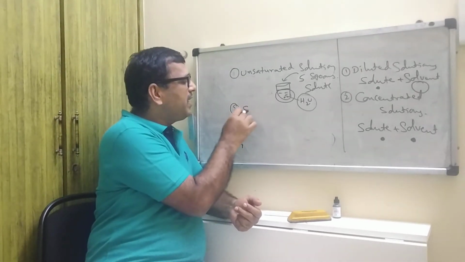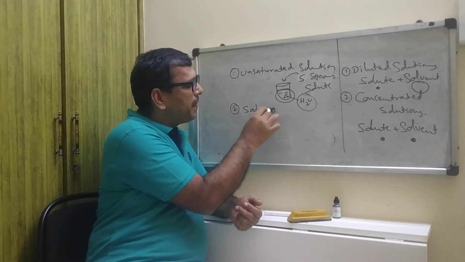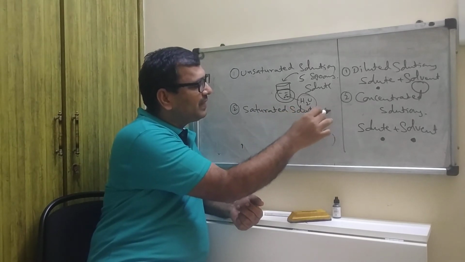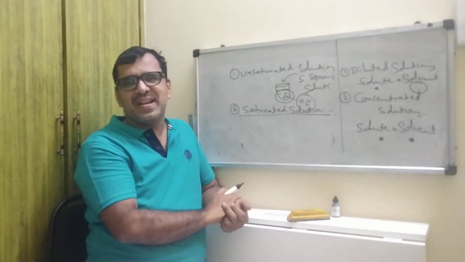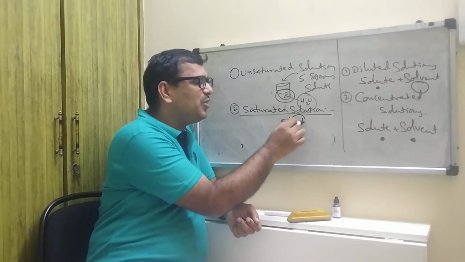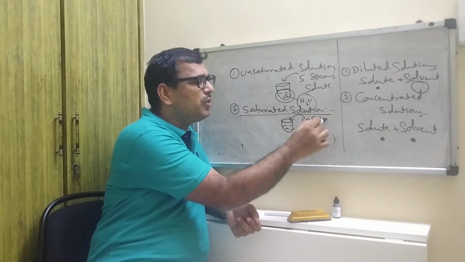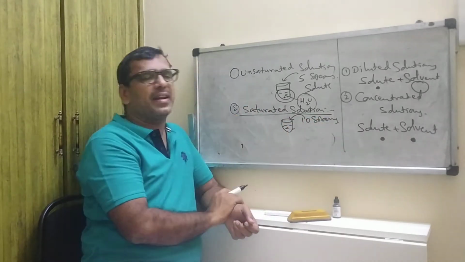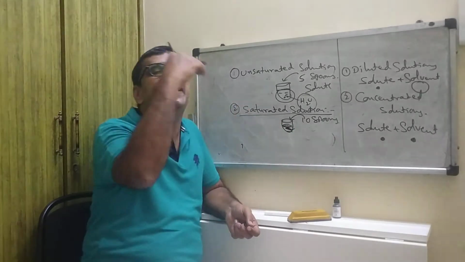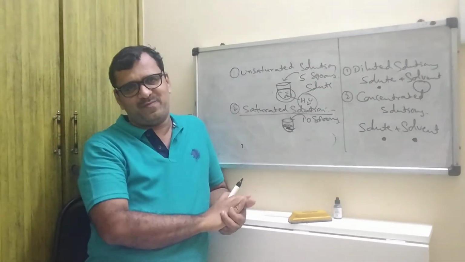Number 2. What is a saturated solution? This time you add 10 spoons of sugar in water, and it easily dissolves.